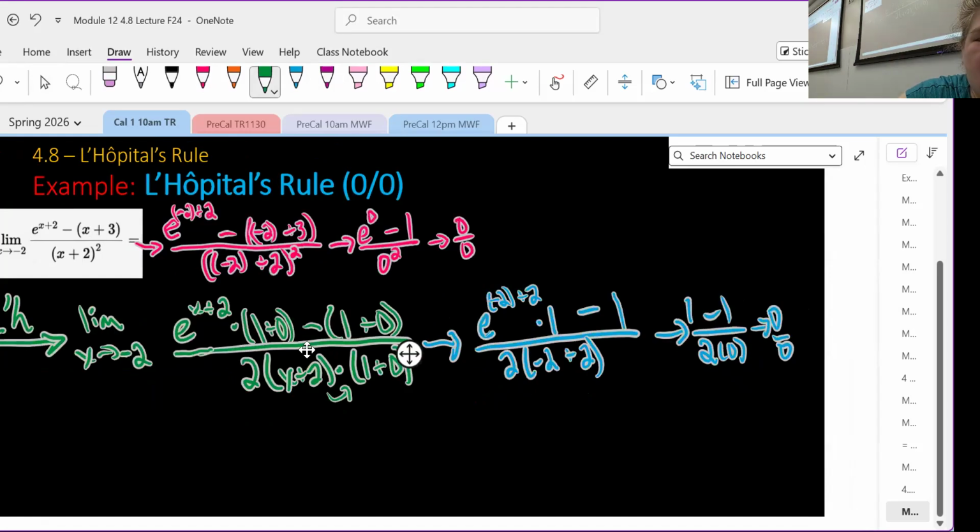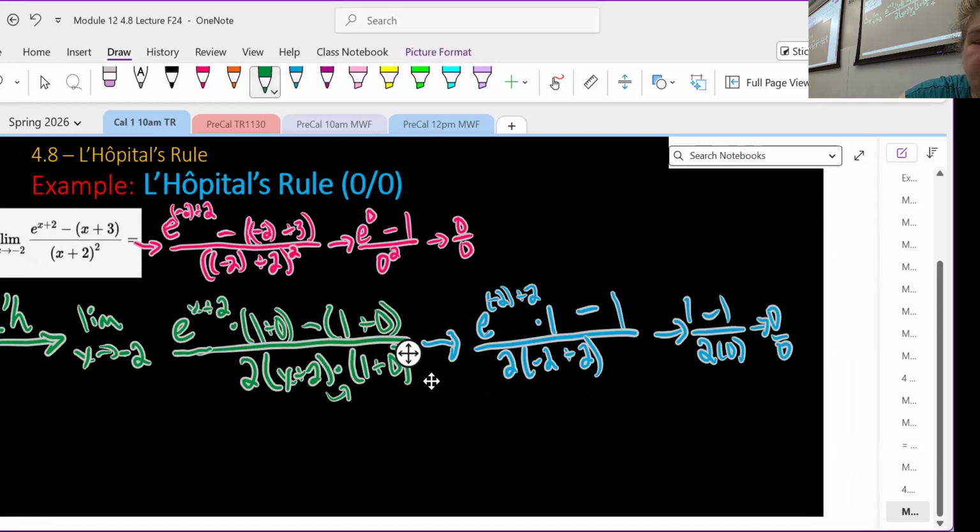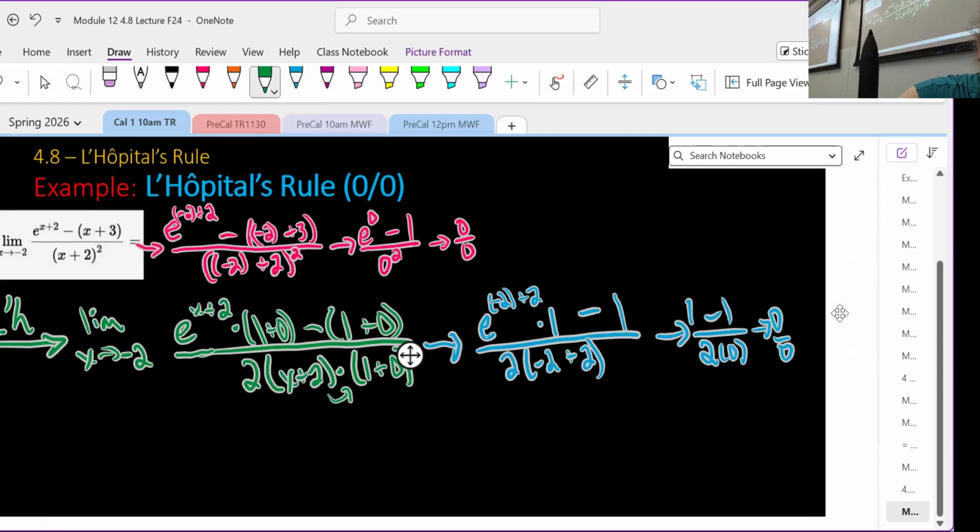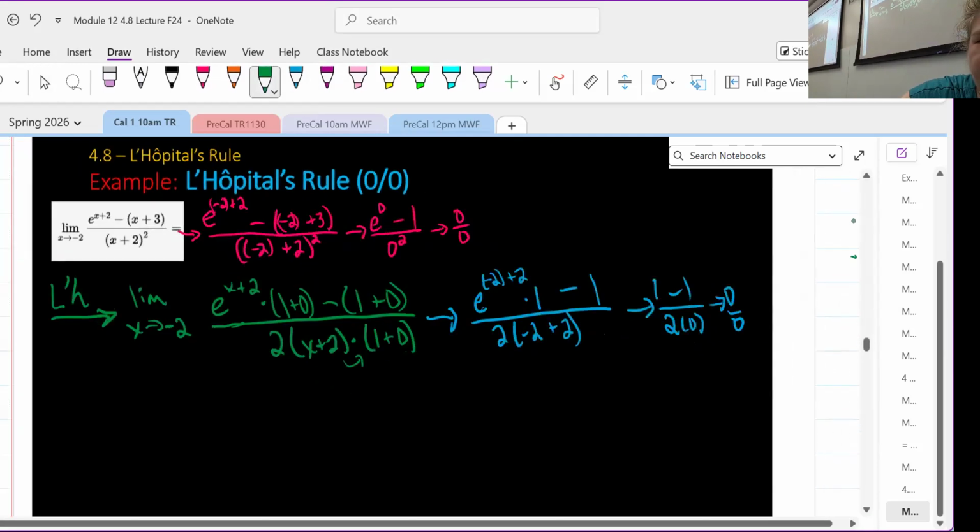Before I use it again, though, I'm going to clean up this whole crazy derivative of the top and bottom I wrote, because it's a little ugly looking as it is.